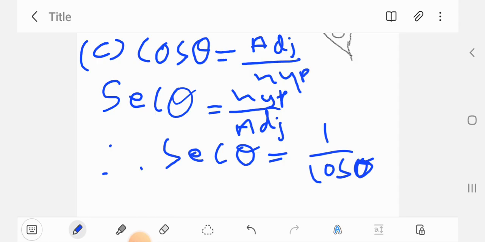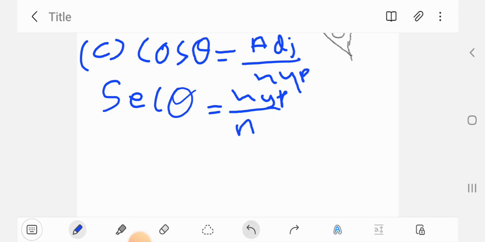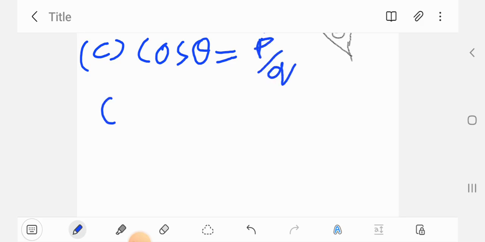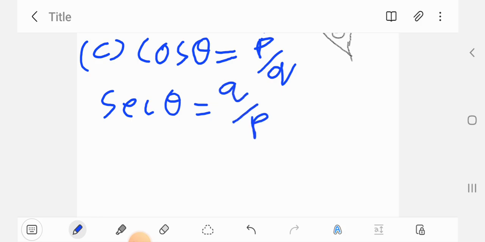Okay? So that is how you do this. In this instance, you will see that cos theta is going to be Q, the adjacent, over P, the hypotenuse, equals Q over P. So sec theta will equal P over Q. But they said it was squared.